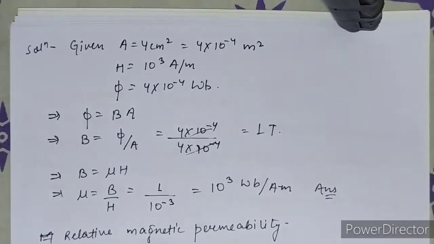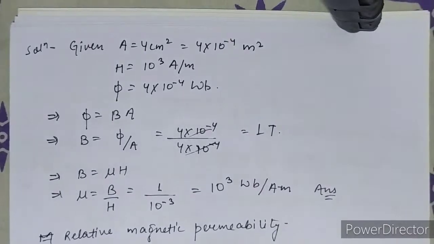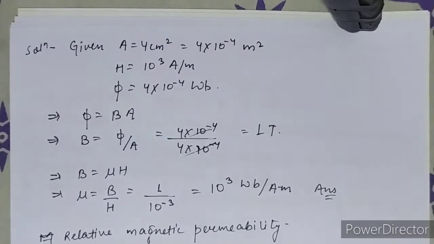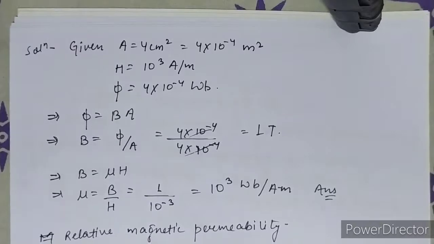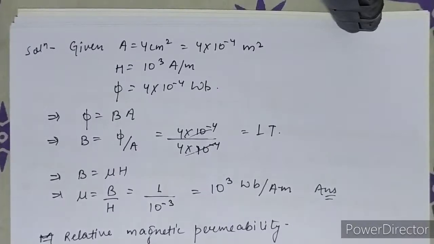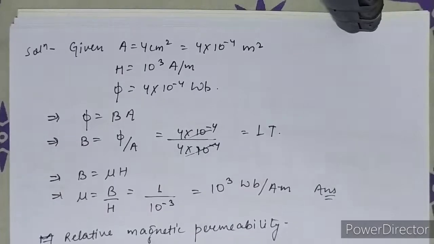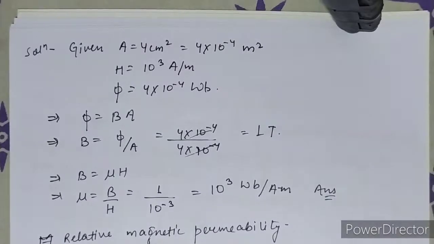The value of mu you have just calculated is 10 to the power 3, and mu naught is 4 pi into 10 to the power minus 7. Then you can get the value 796.17. This will be your next answer.